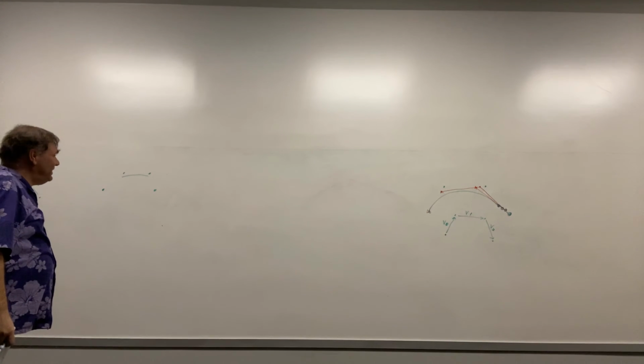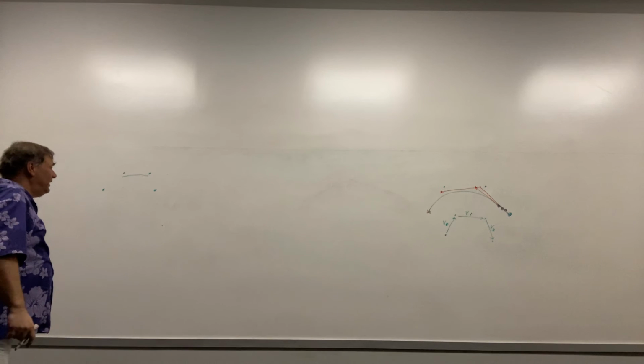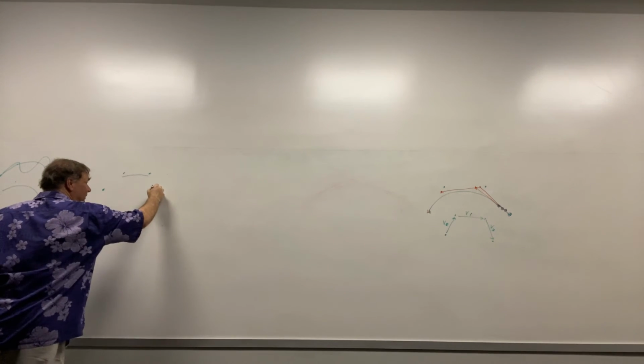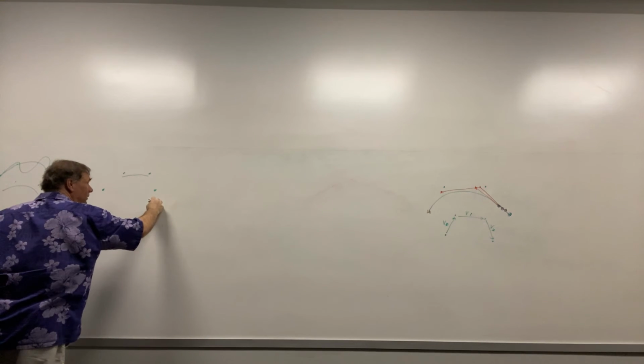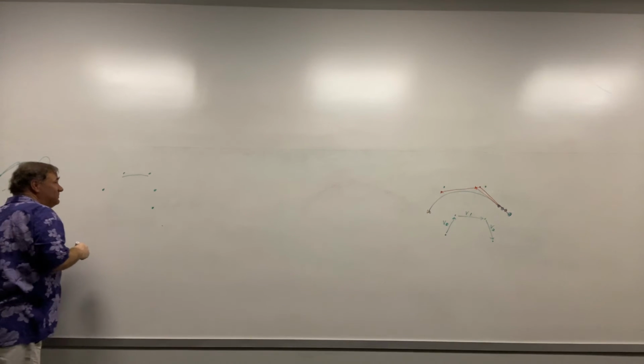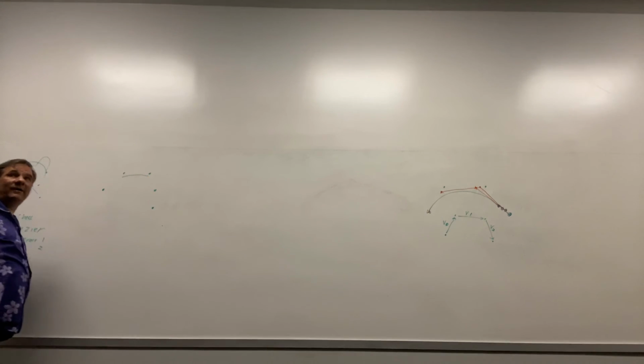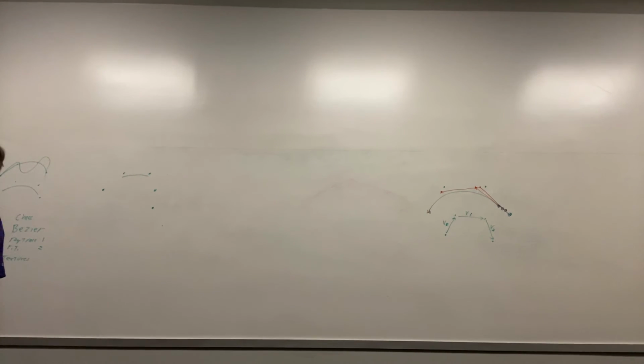And then if I wanted to add another piece of curve, I don't add 4 more of these, I just add 1 more. Because every piece of B-spline shares 3 control points out of 4 with the previous neighbor.